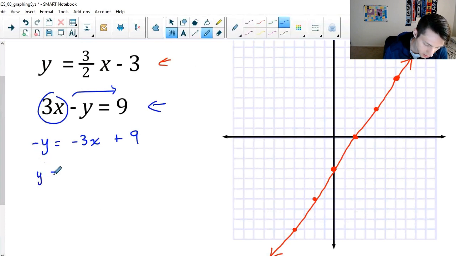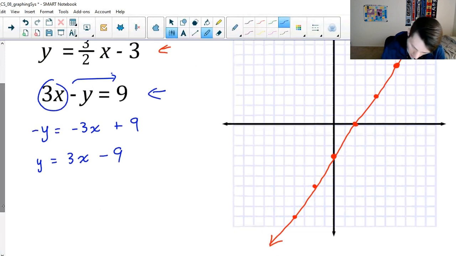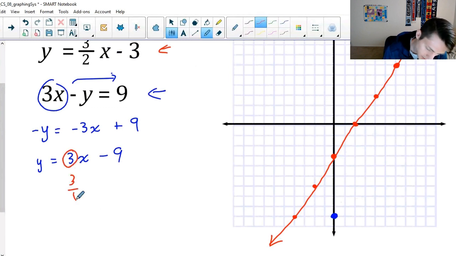So y equals positive 3x minus 9. And we'll do the same thing. We'll start with the y-intercept, which is negative 9. 3 I can think about as 3 over 1 for my rise over run. So up 3, right 1, up 3, right 1, up 3, right 1.